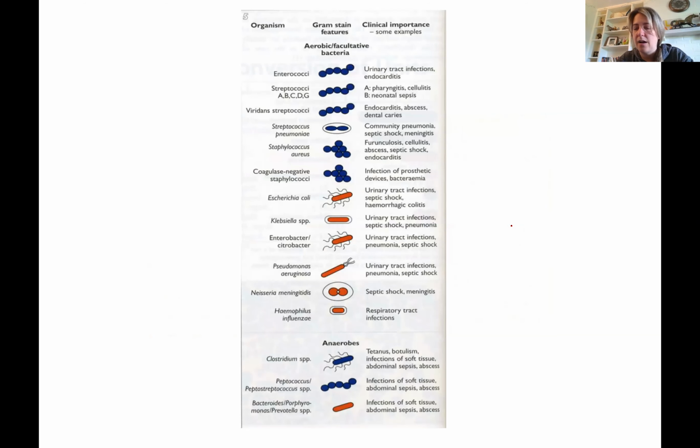So this is how it turns out. The ones that are gram-positive are going to stain blue or purple, dark purple, and the gram-negative are going to stain in this rust color. It's a red kind of rust color, and that's because of the safranine.